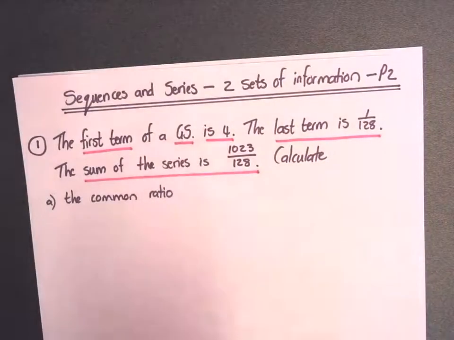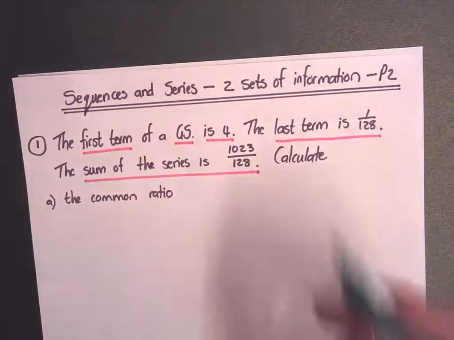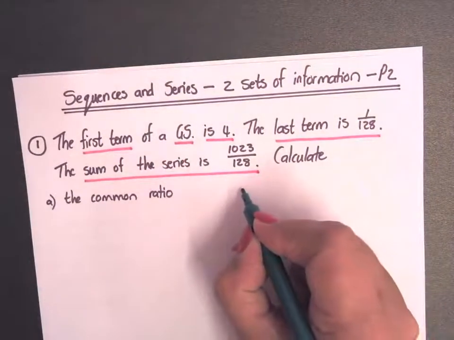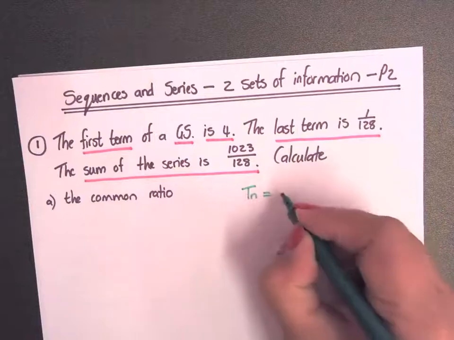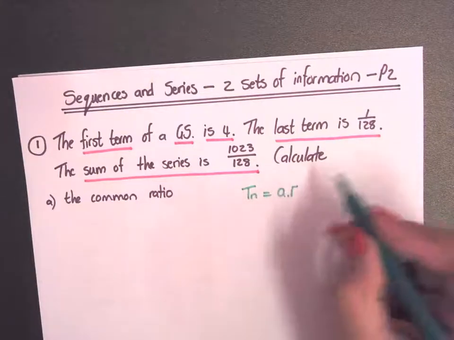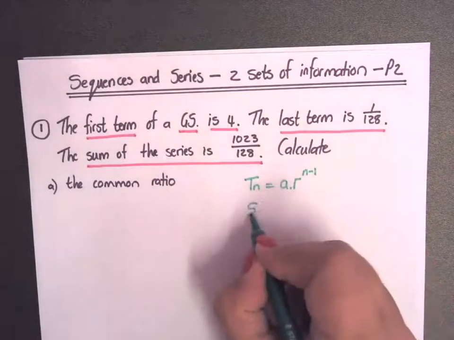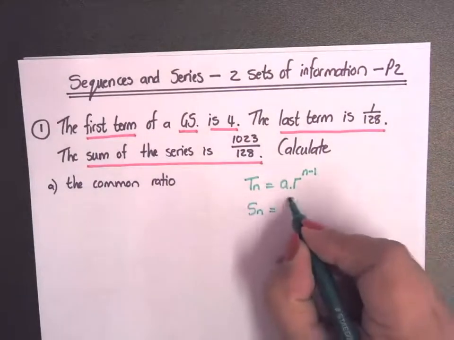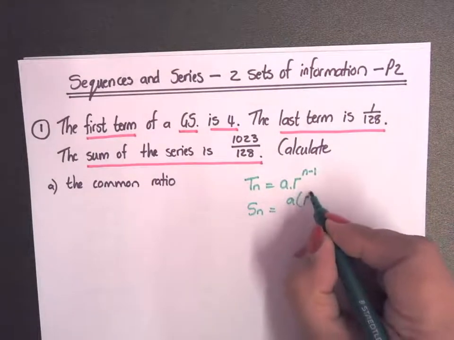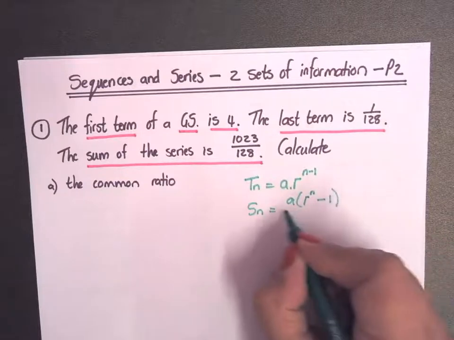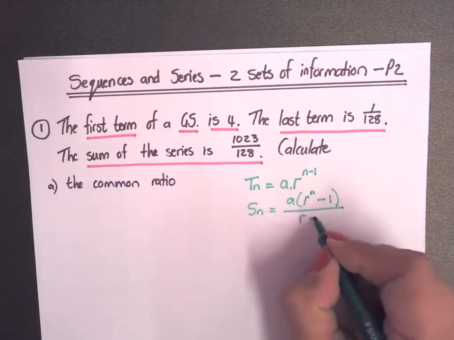We know it's a geometrical sequence or a geometrical series. Therefore, our general term will be a times r to the power of n minus 1. And our sum formula will be a times r to the power of n minus 1 over r minus 1.